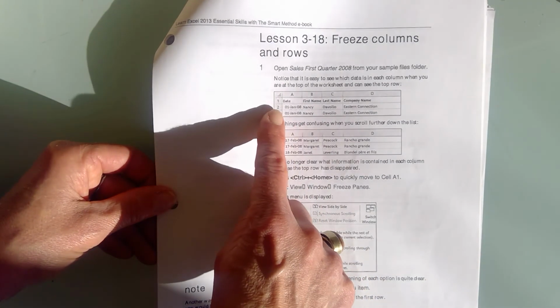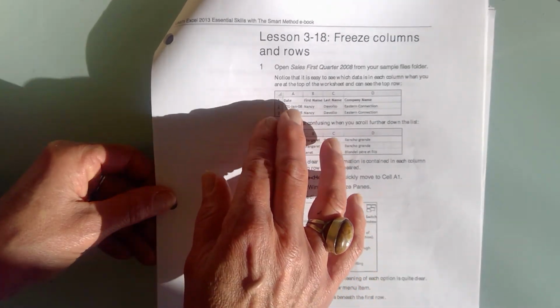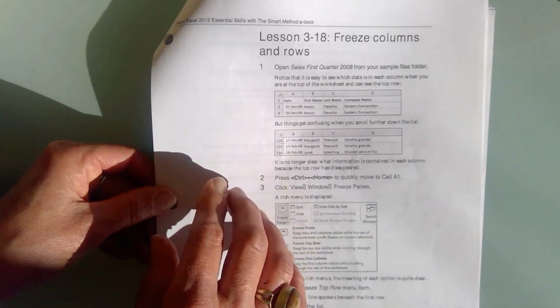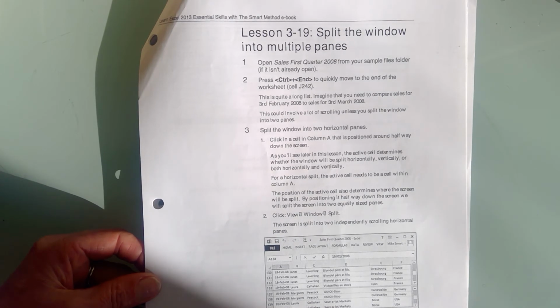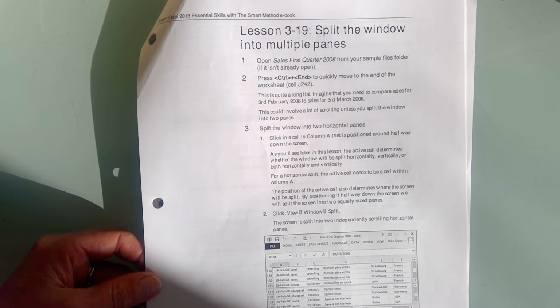So in this case, the date, the first name, last name, and company name would be frozen, and then you would scroll all this data, all these names all the way through, and you would still see this top header, so you always know what you're referring to. So in this lesson, can you please open up sales first quarter 2008.